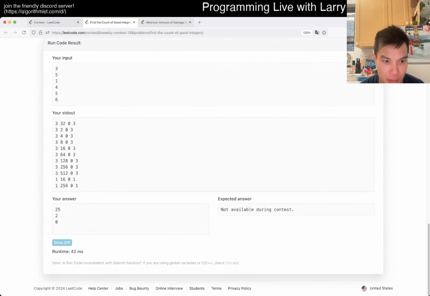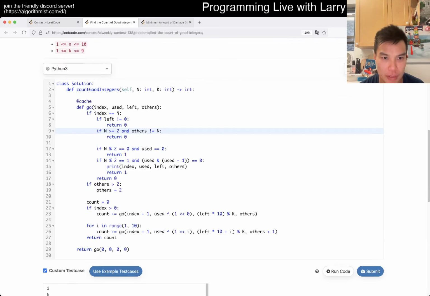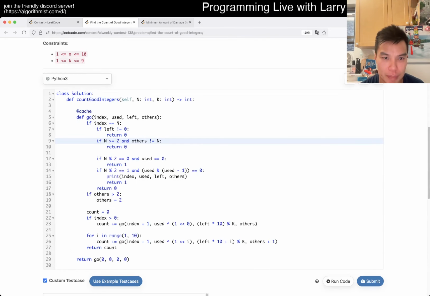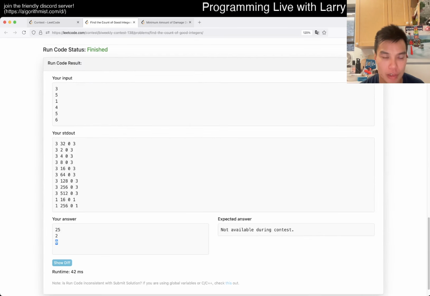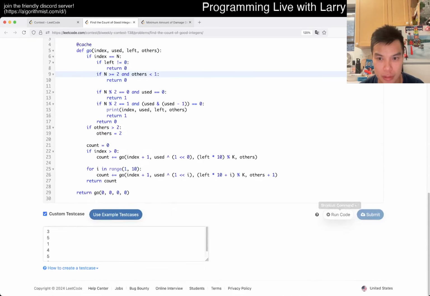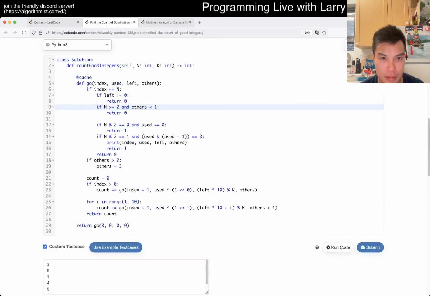Let's try this just to see that we have the same answer. Okay, so 25, this is still right with the 25. It means that there are no zeros. Though this is kind of weird, actually. So no zeros is 25 is still right. Right? So if others is less than n, right? Others is less than or equal to 1. If we have 2, then that means that others is 0.